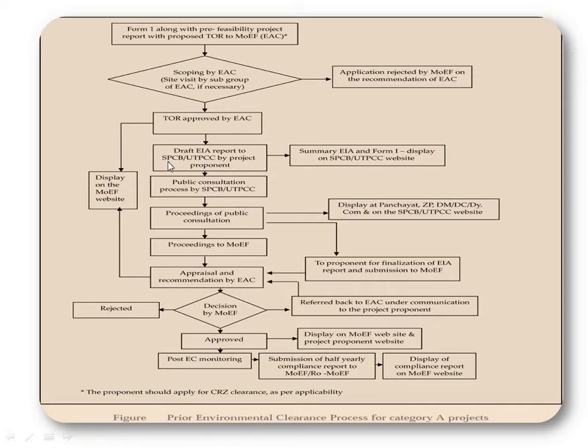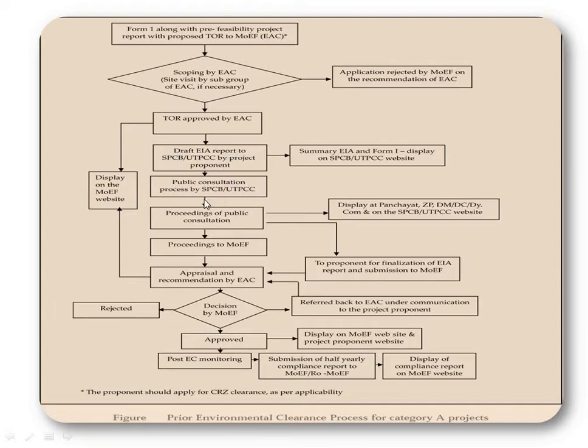For a state it is the SPCB, and for a Union Territory it is the UTPCC, the Union Territory Pollution Control Committee. So the draft EIA is sent to them at the state level.